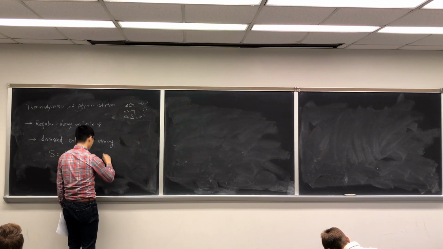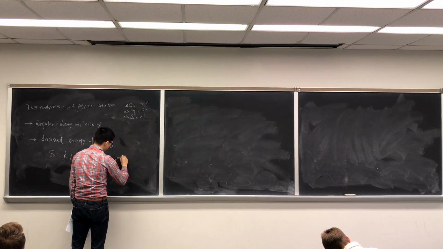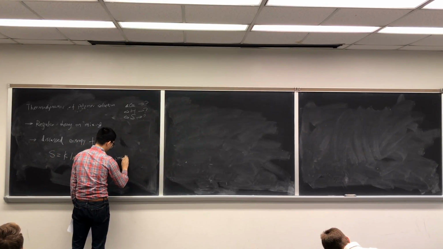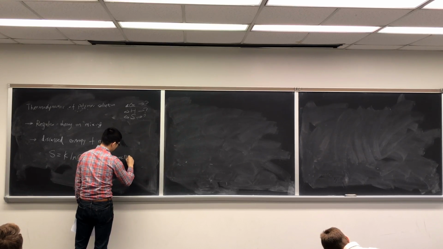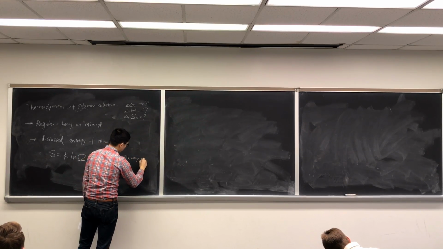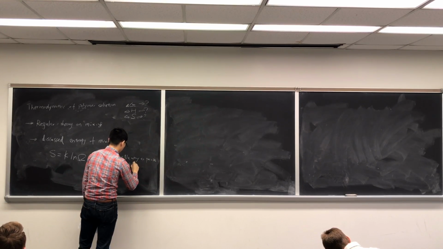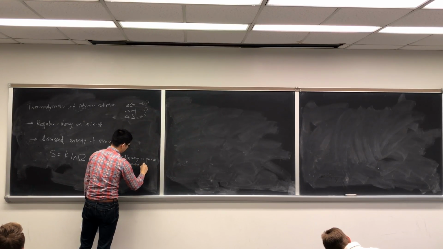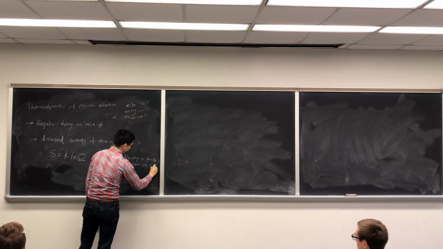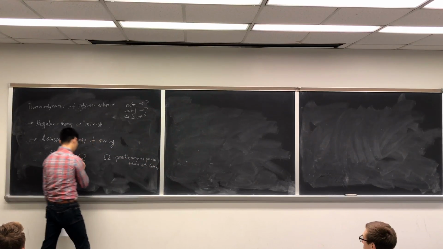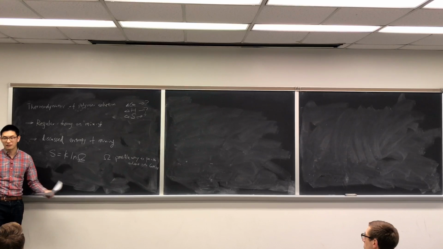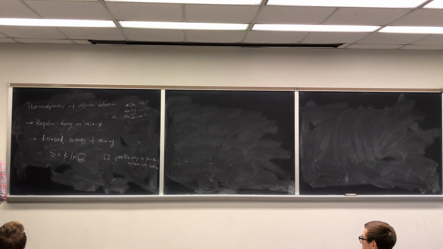So this symbol is just called possibility, or possible ways to pack solvent into the lattice. And if you have more possible ways, you get more entropy in the system.